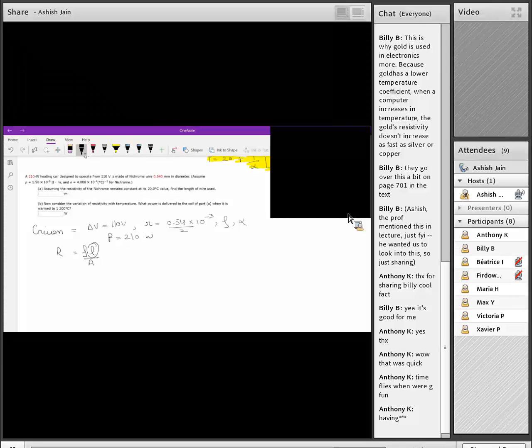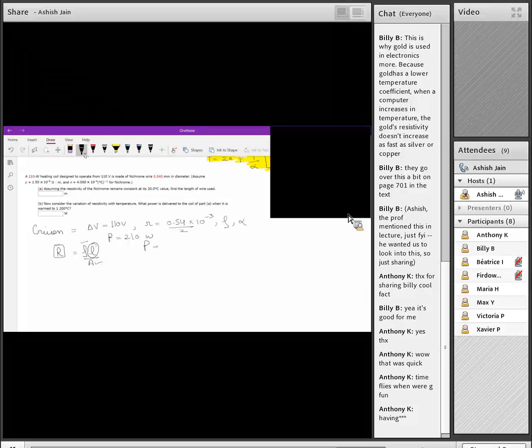Right. So again, our favorite equation is R equals rho L by A. We have to find L. We have A, we have rho, do we have R? How do you find it? We don't have R, right?